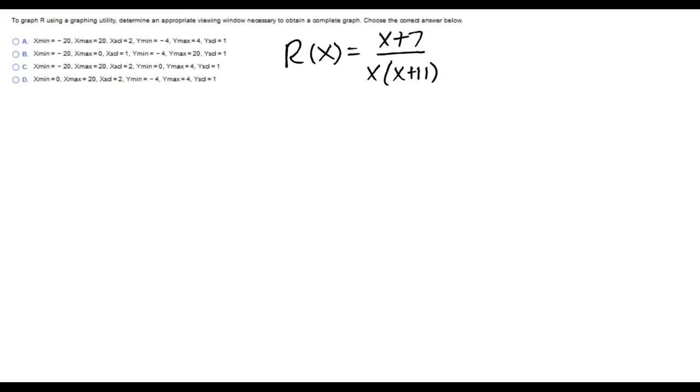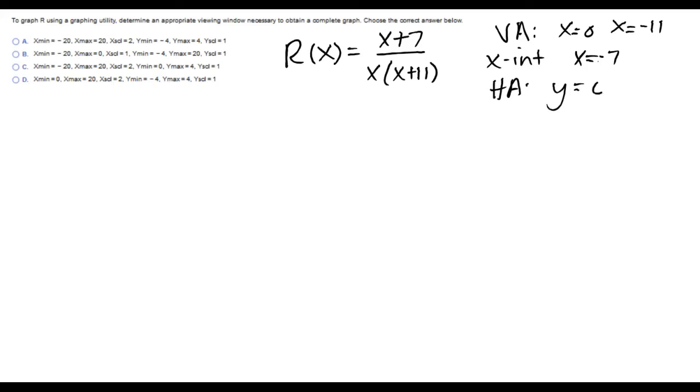We found that this function has vertical asymptotes at x equals 0 and x equals -11. It has an x-intercept at x equals -7. It has a horizontal asymptote at y equals 0. So these are some of the things I want to keep in mind when I'm deciding my viewing window.